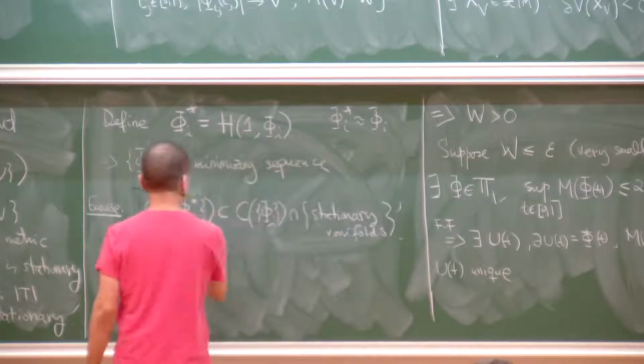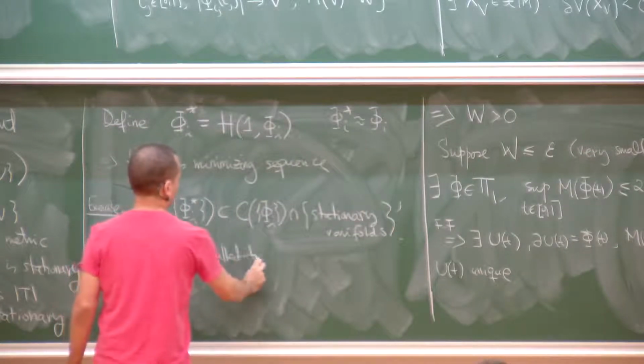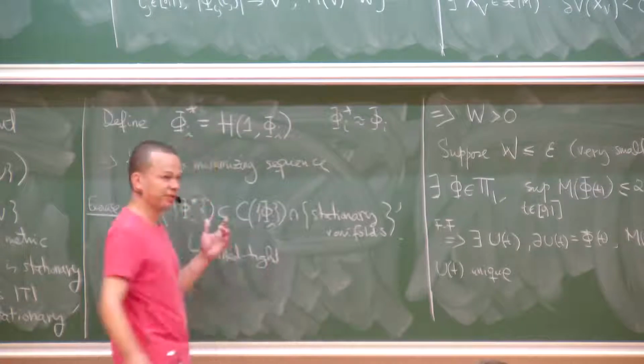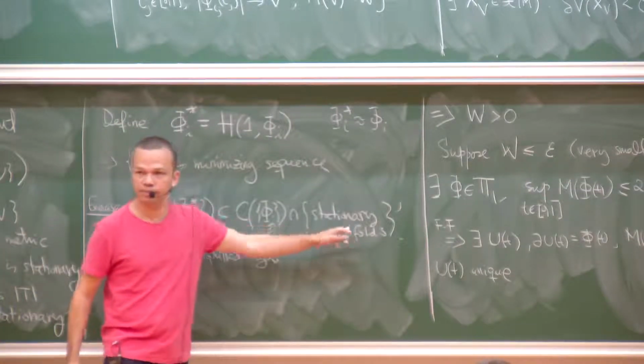So we say in this case that this sequence is pull-tight. So every limit of maximum mass is stationary.